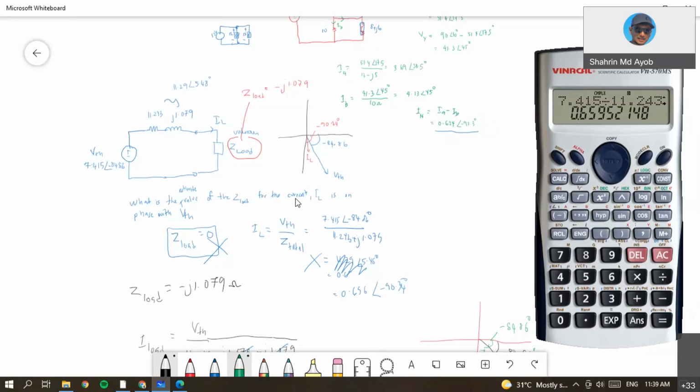If you have another element, for example inductor or capacitor, your voltage and current will not be in phase. The inductor and capacitor will affect the phase difference between the voltage and the current. The only way to have voltage and current in phase is if the circuit contains only resistor.